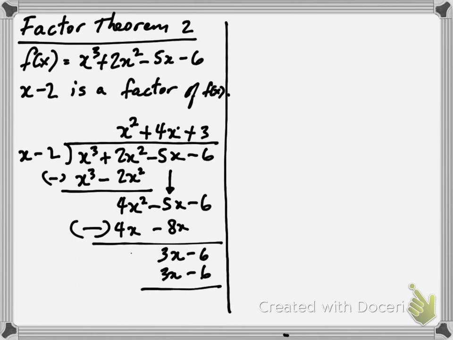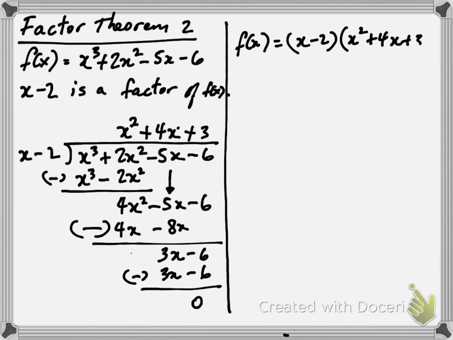You will always end up with a 0 when you minus the last line, because x minus 2 is a factor. Therefore, the function f of x can be written as x minus 2 times x squared plus 4x plus 3.